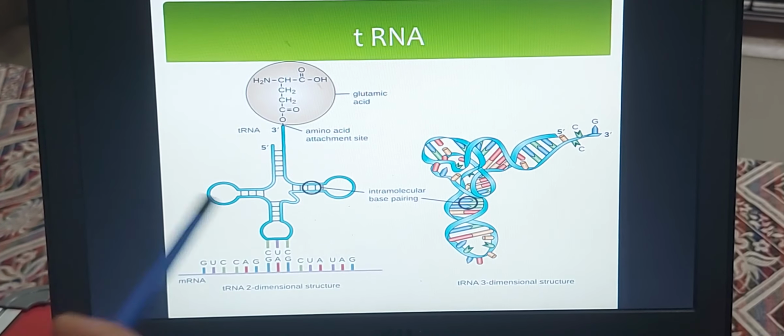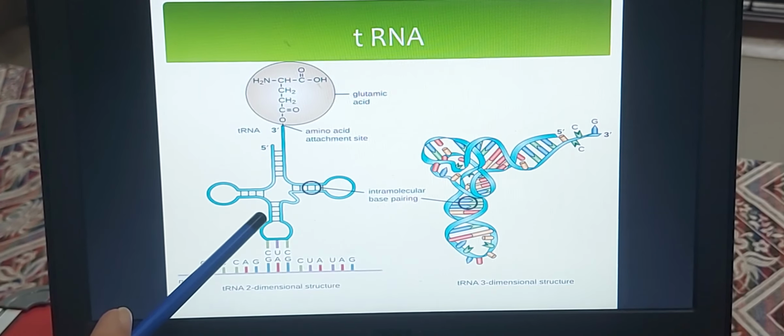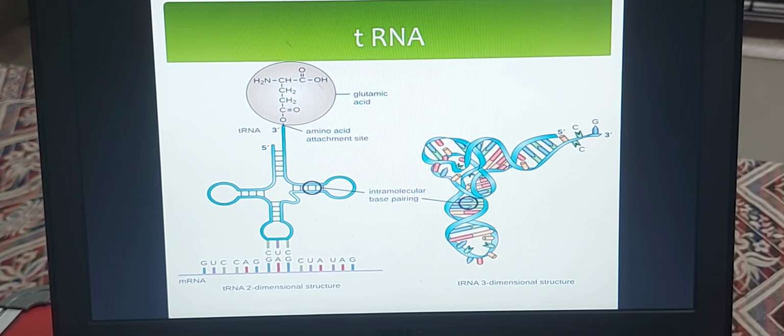So this is the anticodon site, same over here. Sometimes the chain of the tRNA can be self-ligated, so it will have intramolecular base pairing. Then the important one is the attachment of the amino acid at the 3' end.